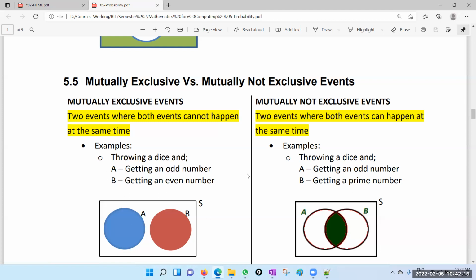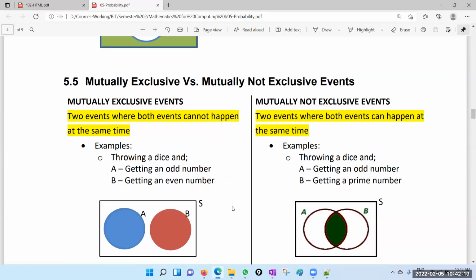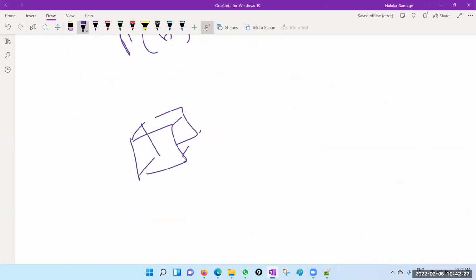Okay. Right. So can you give me an example? Say I am throwing a dice. Say event A is getting 1. Event B is getting 2. Are they mutually exclusive?